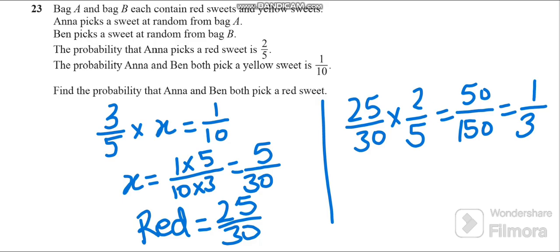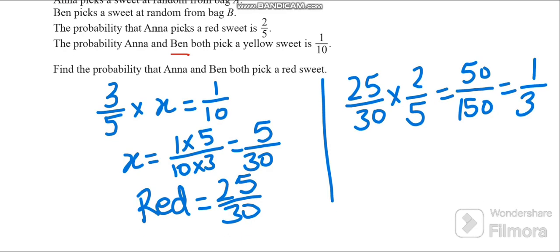We can easily calculate the probability of Anna picking yellow: 1 minus 2 over 5, so that will be 3 over 5 multiplied by the probability of Ben, which we have to calculate, is equal to 1 over 10. Then we rearrange the formula, 10 multiplied by 3 and 1 multiplied by 5. So that will be 5 over 30.